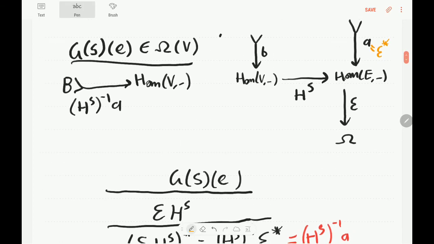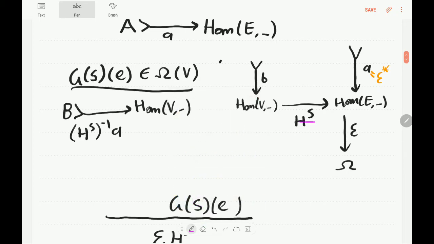It's going to be the pullback of that along h of s.